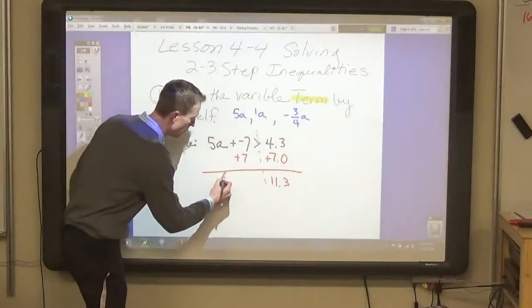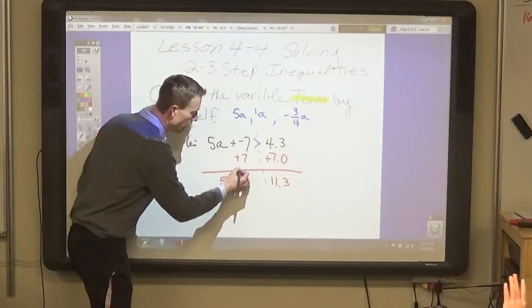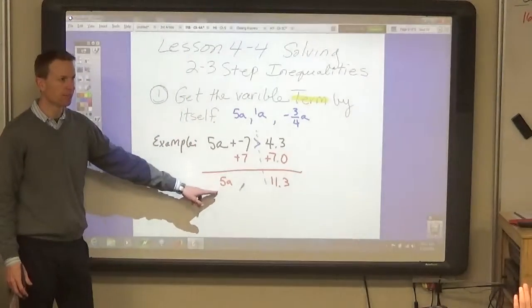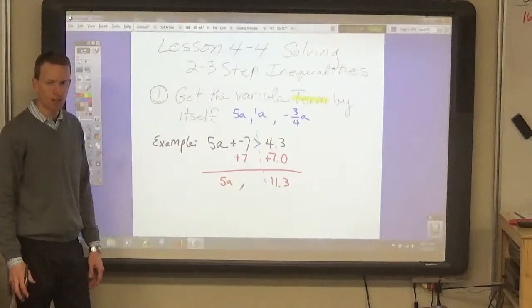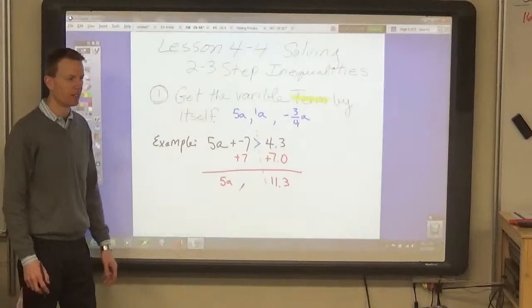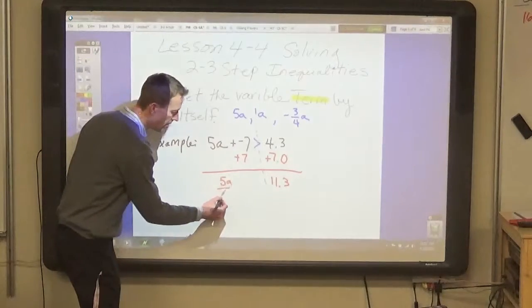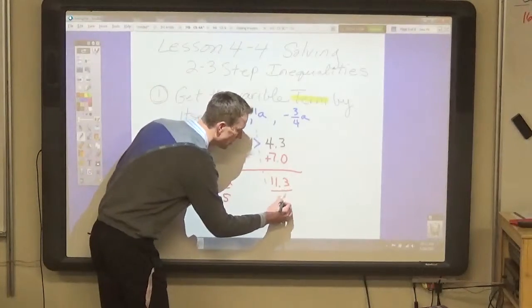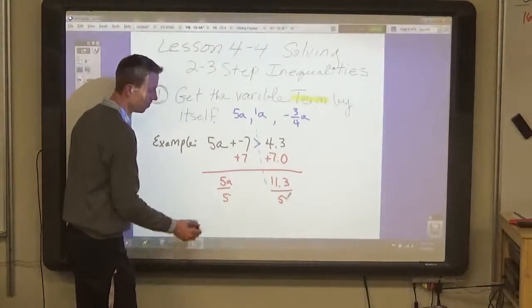And 5a plus 0. So we've got the variable term by itself, right? Then how do you get rid of the 5? Divide by 5 on both sides.